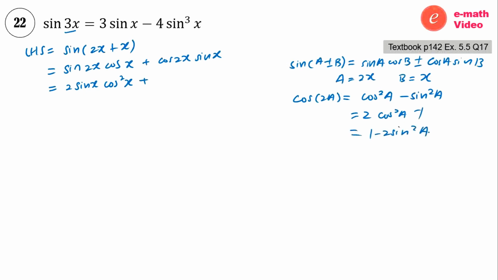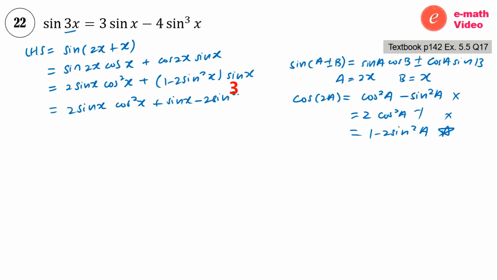Because on the right hand side, we only have sin, so we cannot use the ones with cos. We will choose the third one, 1 minus 2 sin square x, times sin x. When we multiply them together, we will get sin cube x, which is what we want. Equals to 2 sin x cos square x plus sin x minus 2 sin cube x.